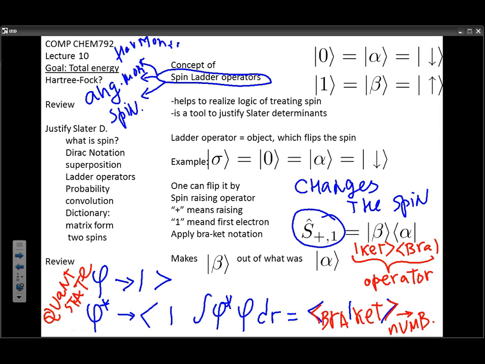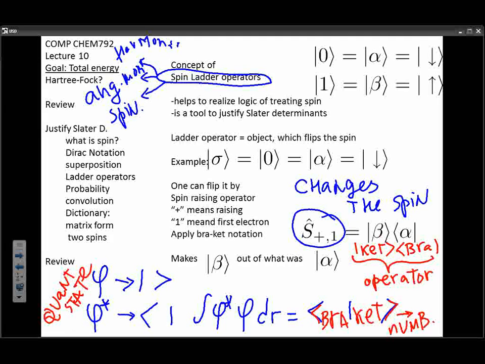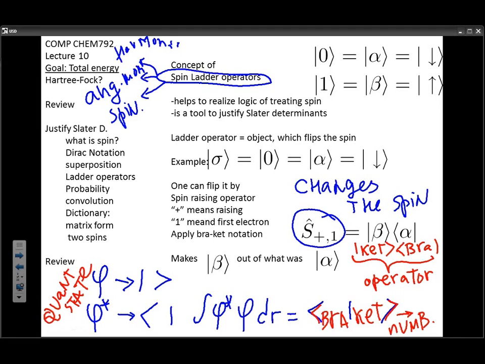You do not need to take integrals or multiply matrices by using this notation. So here we are building an operator that flips state alpha into state beta. It makes from spin down, spin up. We just put those ket and bra in the reverse order.